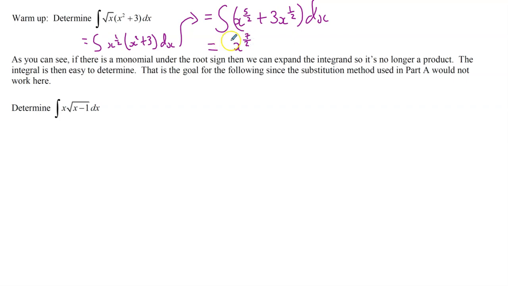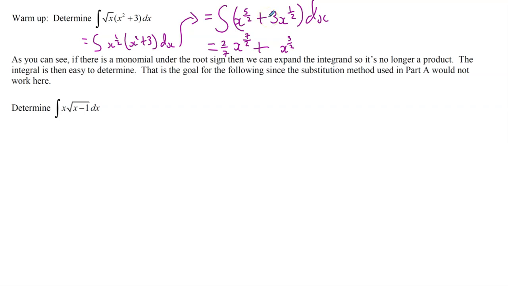Now we multiply that, right? So when we do the derivative, we'll get 7 halves times this to the 5 halves. So then we're going to need a 2/7, right? 7 halves times 2/7 is 1, x to the 5 halves. And then this guy here, well, this is going to be a 3 halves, right? And we take the 3 halves and multiply it by that.